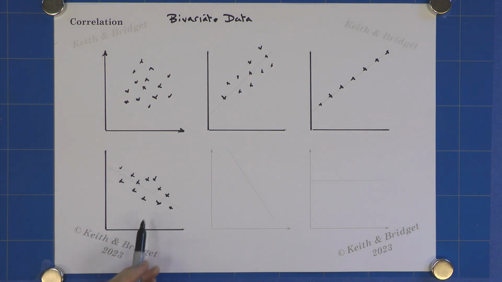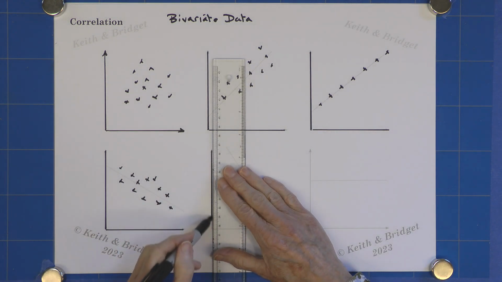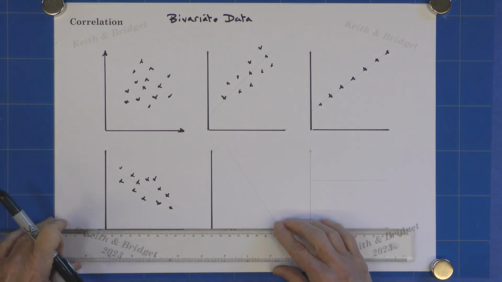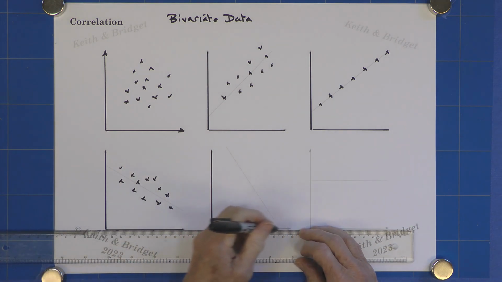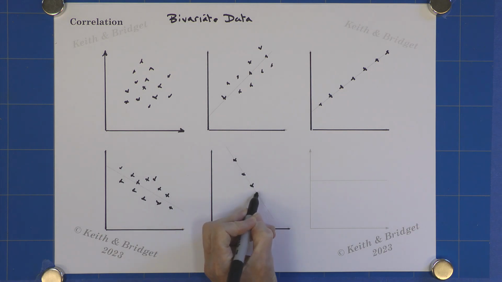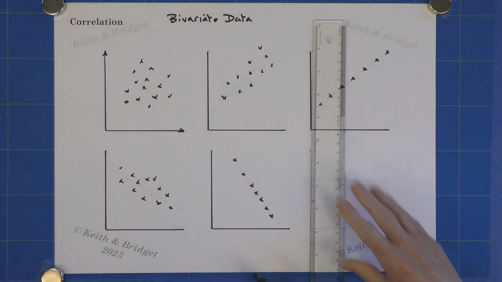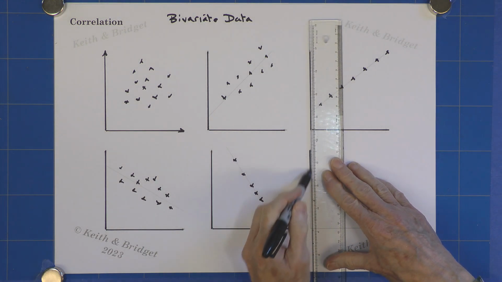Moderate negative correlation. And we may have the situation where they all fit exactly on a line of negative correlation, and that is negative correlation completely. There is one situation that you need to be aware of.